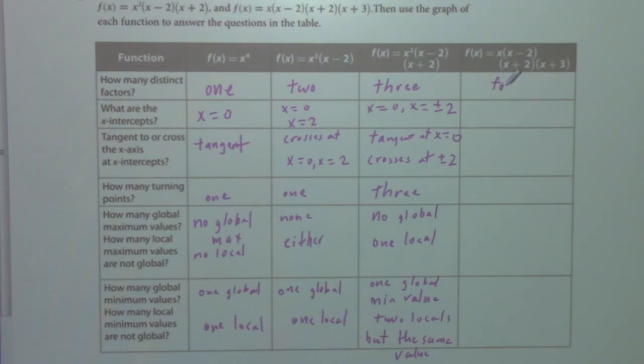What are the x-intercepts? x equals -3, x equals -2, x equals 0, and x equals 2. And tangent to or crosses at each x-intercept, so crosses everywhere, right?